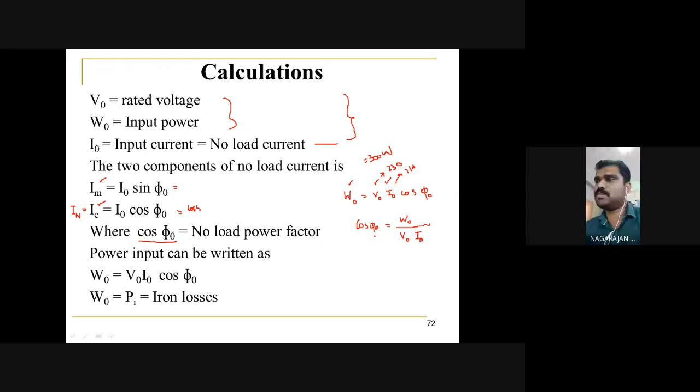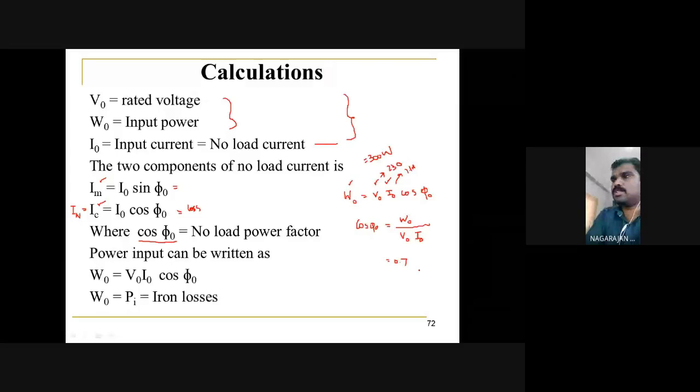If I find the answer for this, I'll get a fractional value, 0.7 or something. Okay, will it be leading or lagging? I reduce the choice. It will not be unity. 0.7 doesn't mean unity. You know that if cos phi equal to 1, then we call it unity power factor. If it is 0.7, what will it be? Lagging.